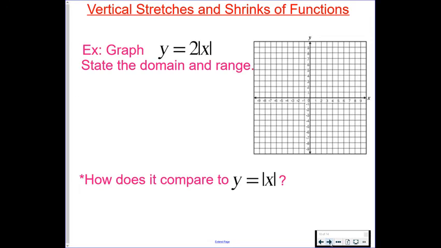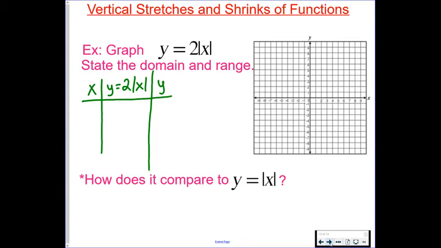Graph y equals 2 times the absolute value of x. So I'm going to use a table. Y equals 2 times the absolute value of x. And stretches and shrinks are good to have tables with because they get you the actual points. My x values, I'm going to pick -2, -1, 0, 1, and 2, and plug them in. Y equals 2 times the absolute value of -2. The absolute value of -2 is +2, and 2 times 2 is 4.